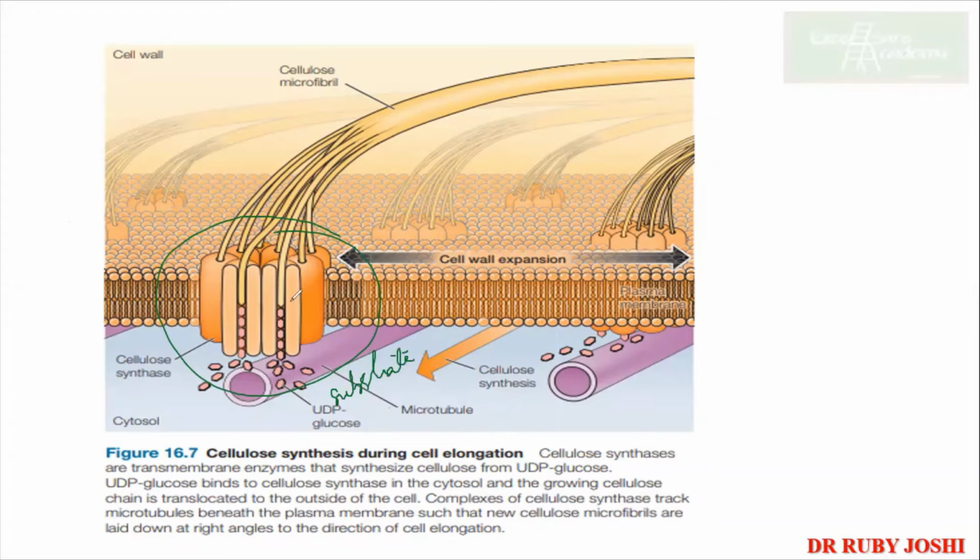It is getting synthesized and forming your cellulose microfibril together. Can you see here, here, here? All your cellulose synthase is present in the plasma membrane. Once they are formed, they go and become a part of your cell wall. Okay, is this much clear? Able to follow? Yes. Okay, good.